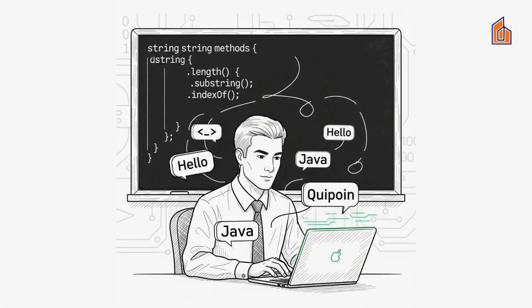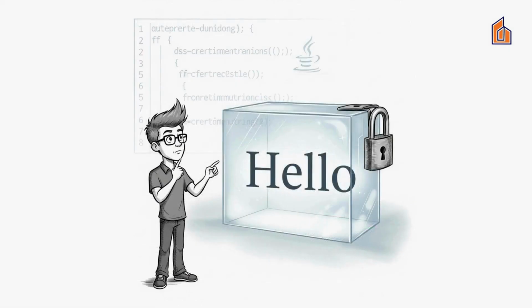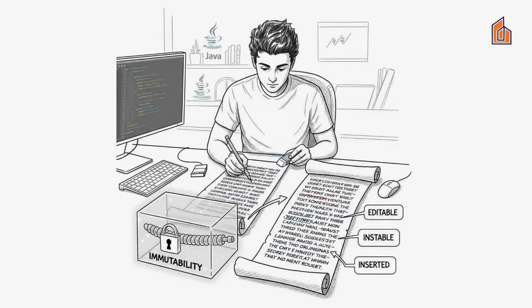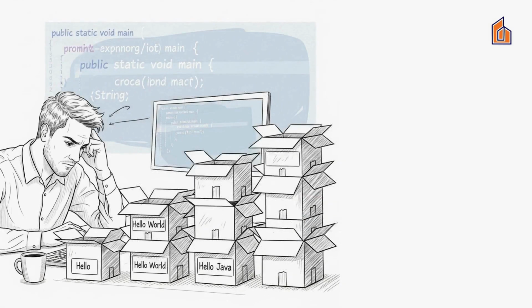Up till now, we have been working with strings in Java. We saw that strings are immutable, which means once created, they cannot be changed. But what if we want to perform a lot of modification like appending, deleting, or inserting text? Using normal string, each change creates a new object that is not efficient.